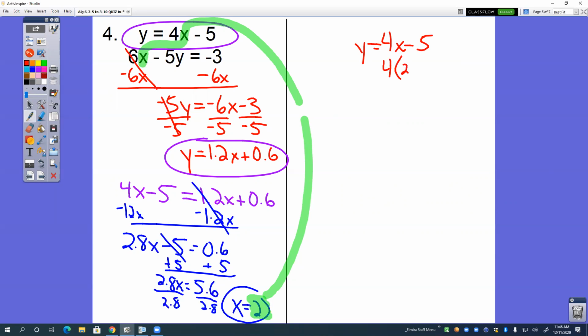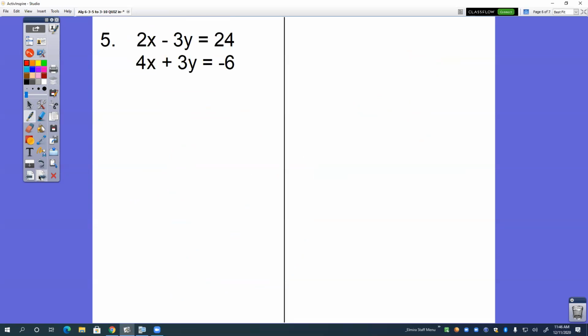So instead of 4 times x, I have 4 times 2 minus 5. 4 times 2 is 8. 8 minus 5 is 3. So my two answers are x equals 2 and y equals 3.